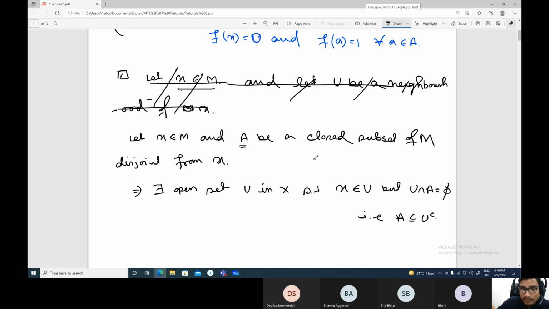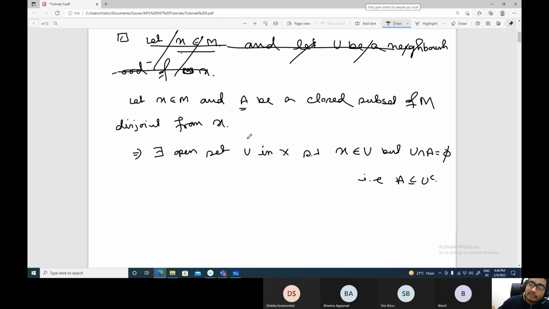Now we want to define a continuous function f on Moore's plane such that f(x) equal to 0 in x, f(x) equal to 1 in U complement, which is continuous.